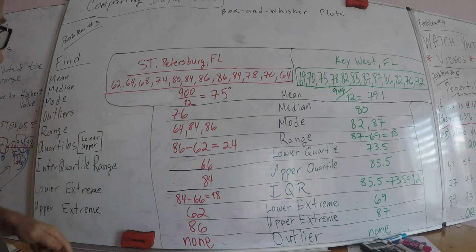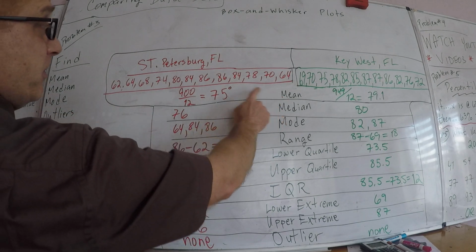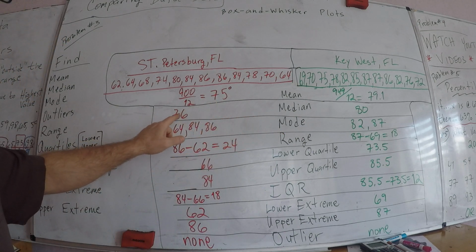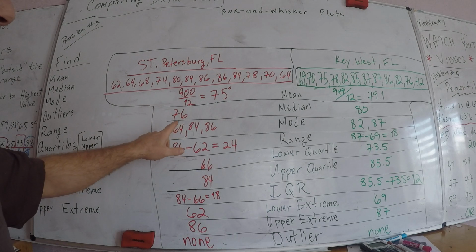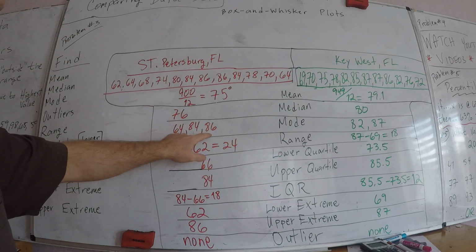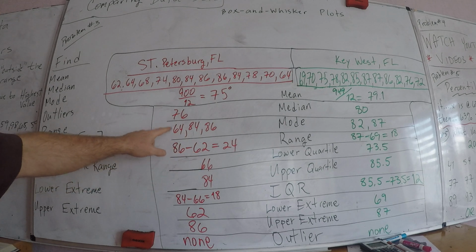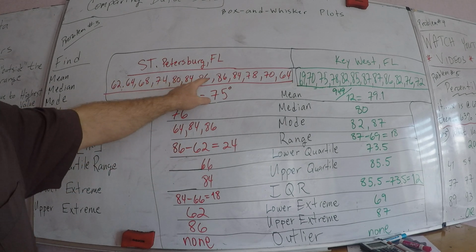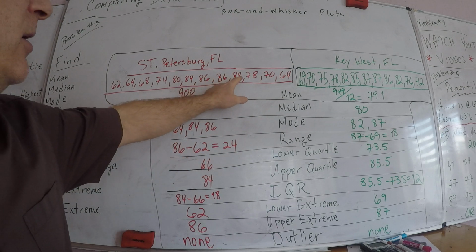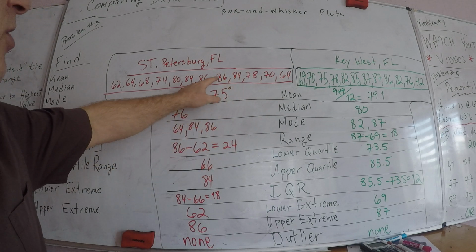That's the mean. What about the median? Well, that's the middle value, after you put them in order. What's the mode? There were 3 of them: 64, 84, and 86. 64, there's 1, there's 2. 84, there's 1, there's 2. 86, there's 1, there's 2.